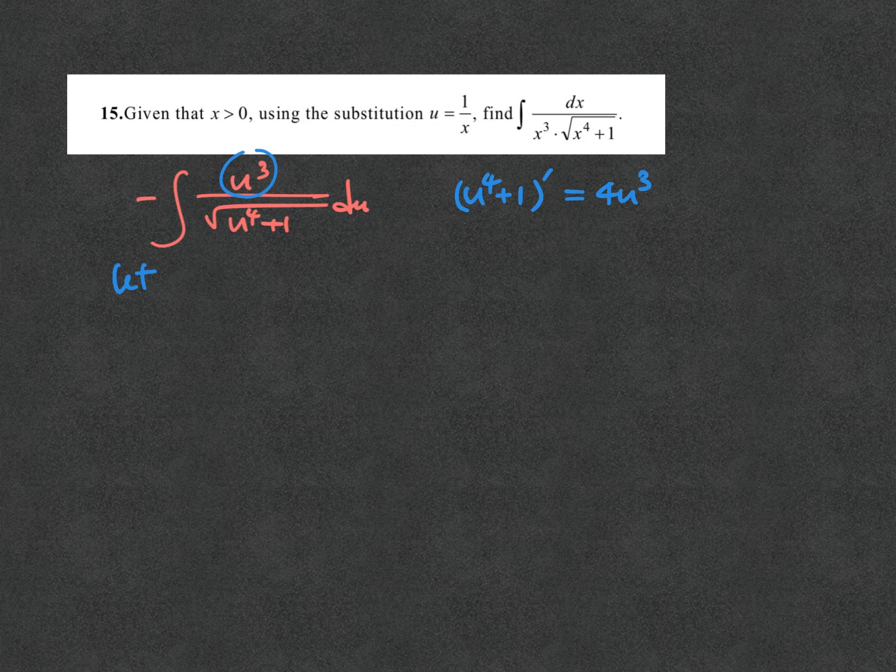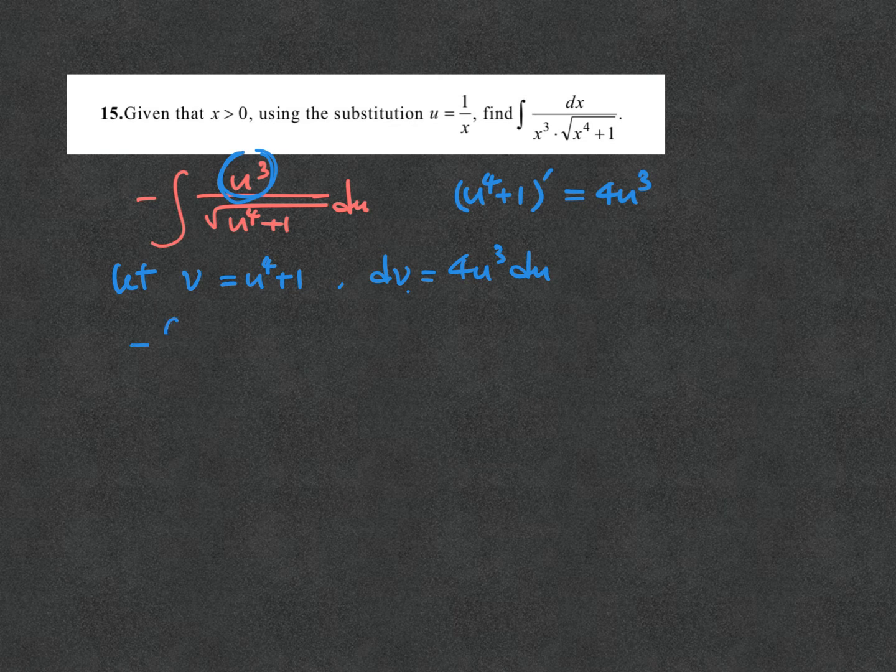So as a result, now we can use a very simple substitution by letting, for example, v equal to u to the power 4 plus 1. And in this case, dv will be equal to 4u to the power 3 du. And that you will see that the u cubed on top is in the numerator. So now we work out the answer.